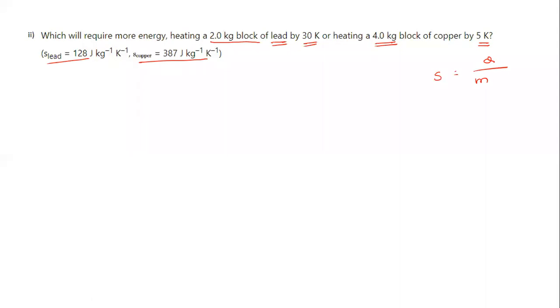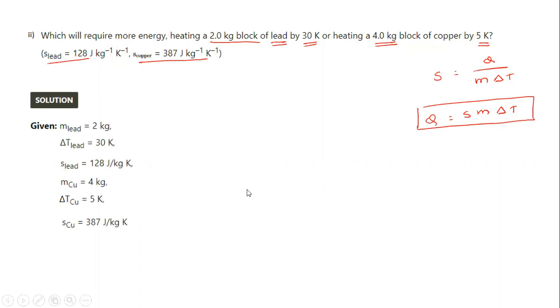The rise in temperature we can write as delta T or delta theta, any symbol we can use. The heat is equal to specific heat times mass times rise in temperature. This is the formula we have to use. We find Q for lead and Q for copper, and then compare both to see which is greater and which is smaller. By that we can decide which takes more energy to heat by that particular quantity.